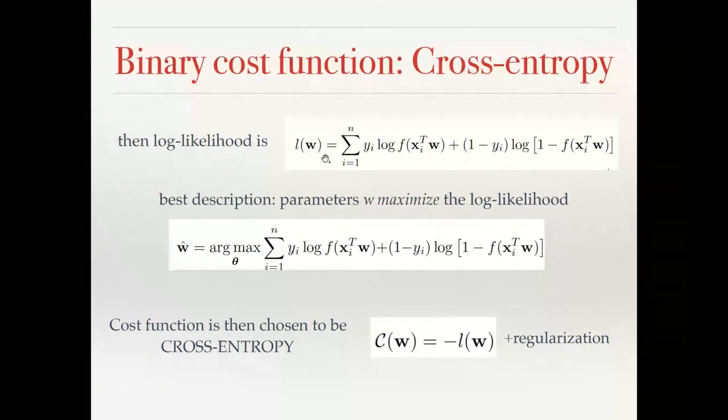So if we have this log likelihood, and what we would like to do is to maximize the log likelihood, which is maximizing the probability that a data set is explained by a set of parameters, a specific model, then the expression for these parameters that maximize this probability is again quite simple. You need to take this expression before and try to find the maximum. Now, yesterday we were talking about the cost function with the idea that cost is bad, and what we want to do is to minimize it.